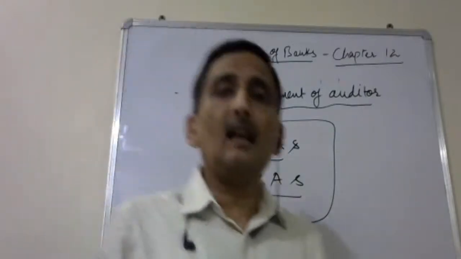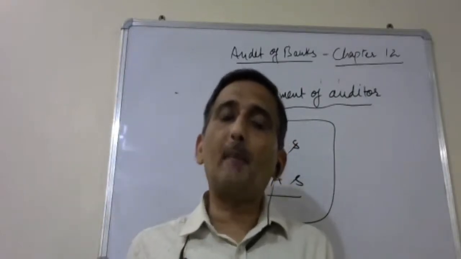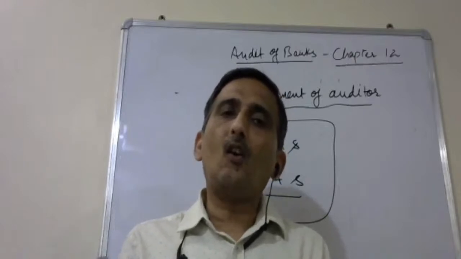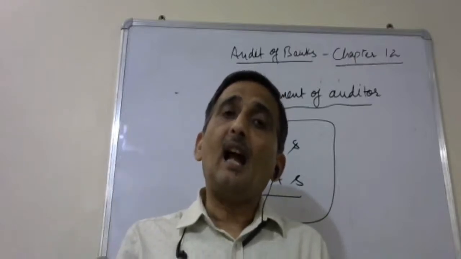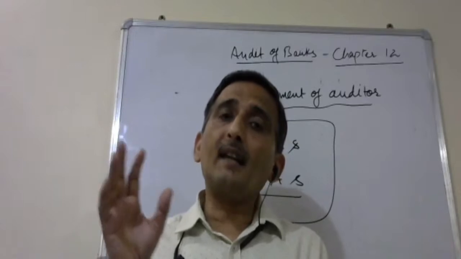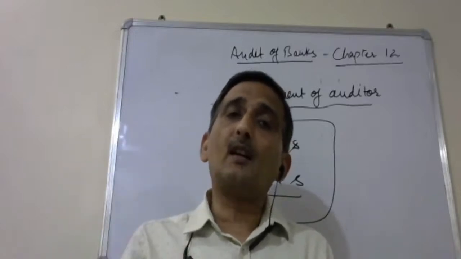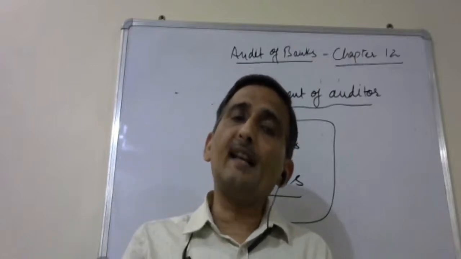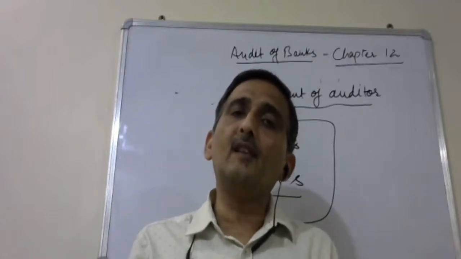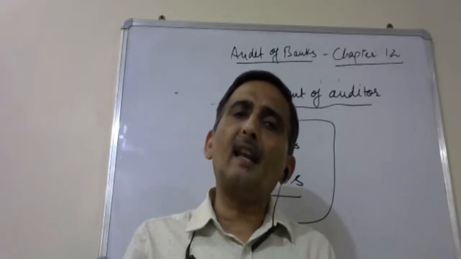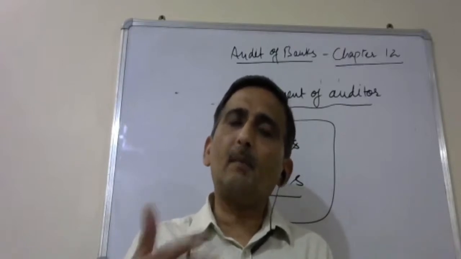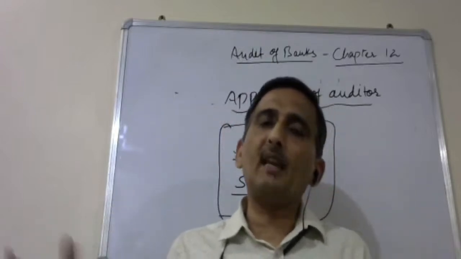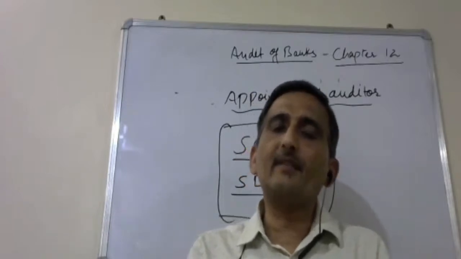Now we come to the auditor's report, the main thing. Now, what are the contents in the auditor's report of a bank, what types of report a bank auditor has to give, what kind of certification he has to give. So it is quite a broad, vast list, but we will go by whatever is stated in your module, keeping in view the scope of the syllabus.